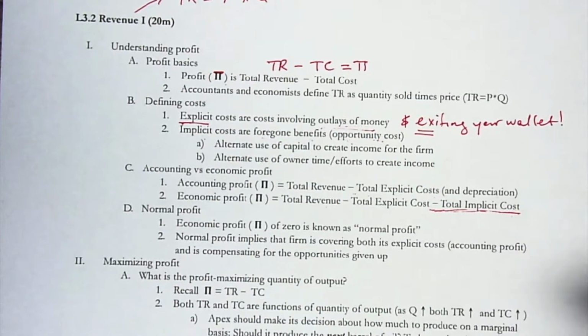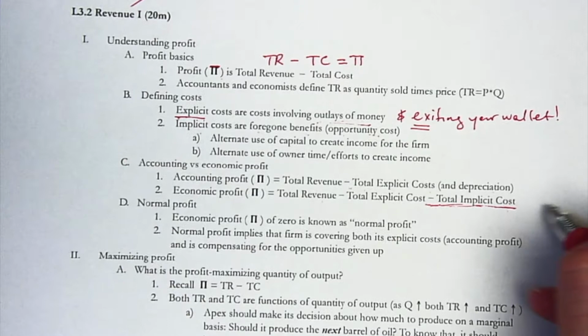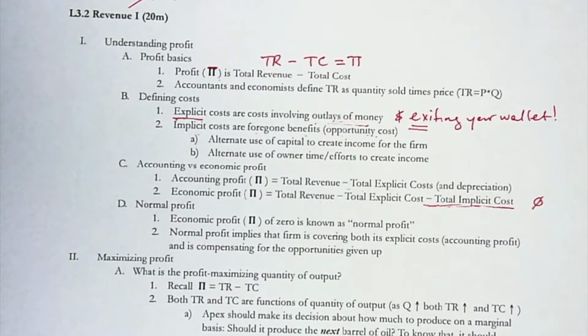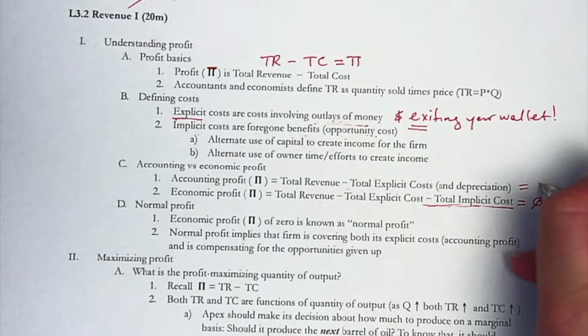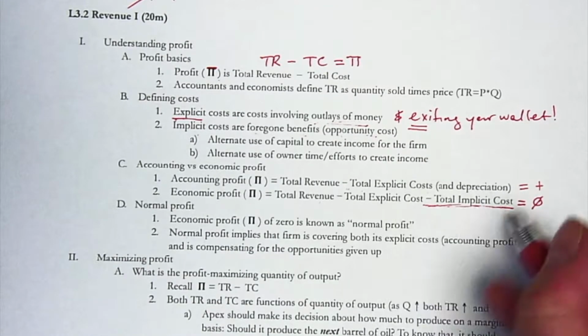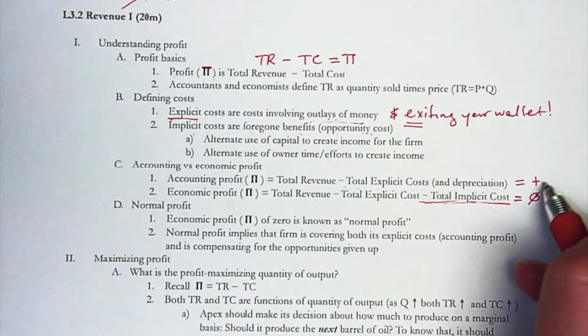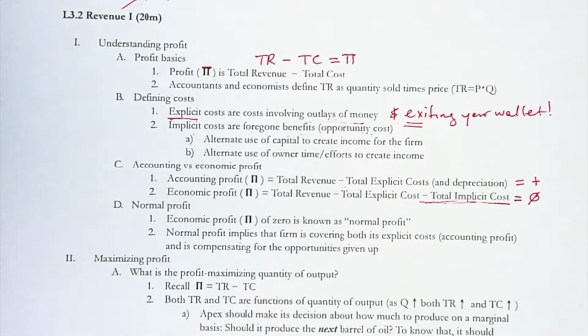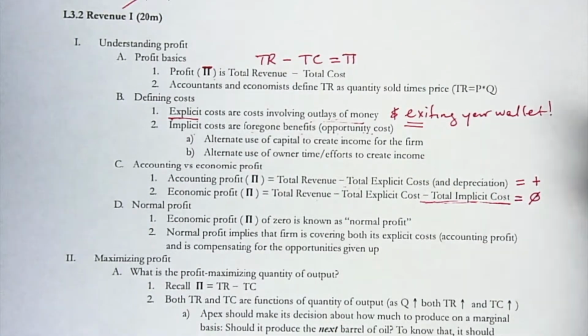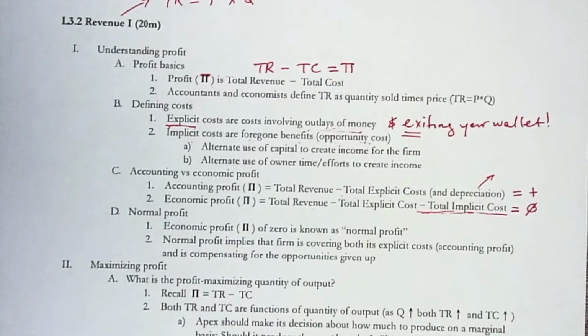Now, if we knew that economic profit were zero, then actually we know that this is a positive value, because if we don't include the implicit cost, then we know that this number, the top accounting profit, has to be positive. Now, sometimes this is going to be included in questions, depreciation.